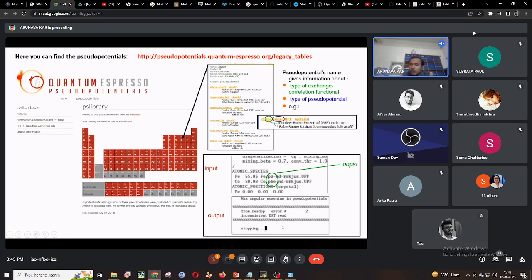So what you have to do is use a PBE pseudopotential for both cases, or a PZ pseudopotential. Both should be the same, so that your system will run without giving any error.